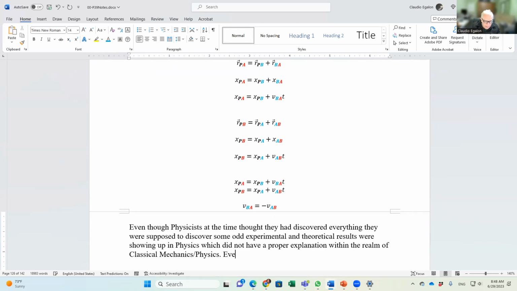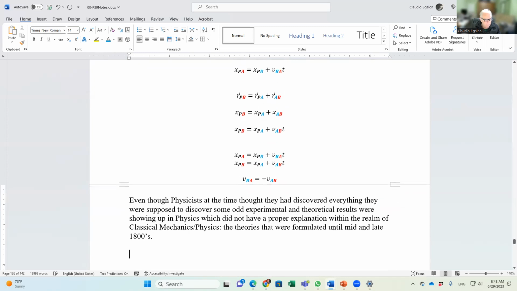Everything else that came up after the beginning of the 20th century is called modern physics.